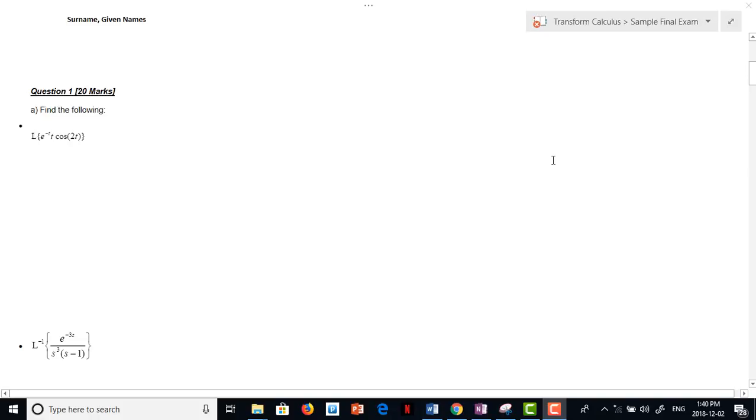In question number 1, part A, we have to find the Laplace transform of e to the power of -t times cosine 2t. In order to find the Laplace transform of this function, I write it in this form: the Laplace transform of t times e to the power of -t times cosine 2t.